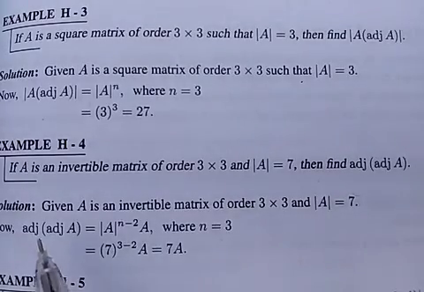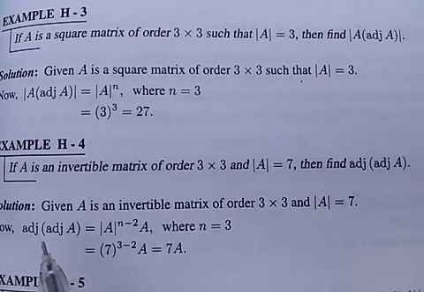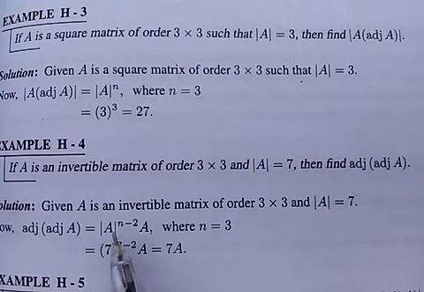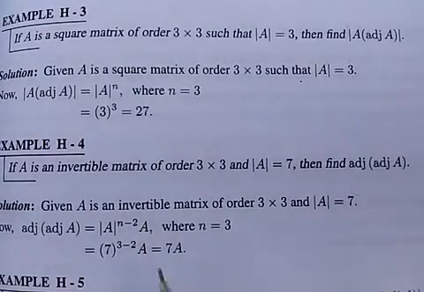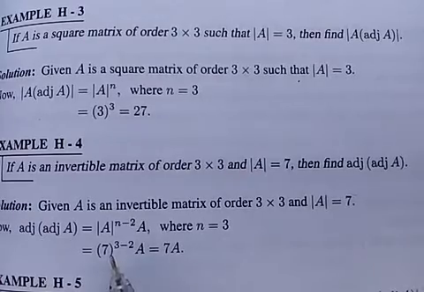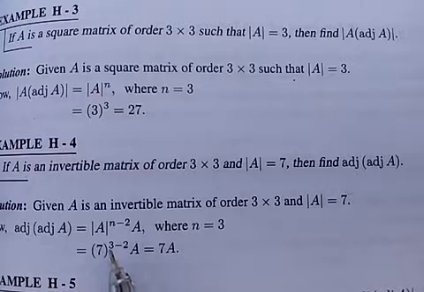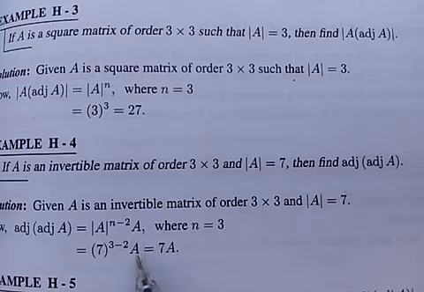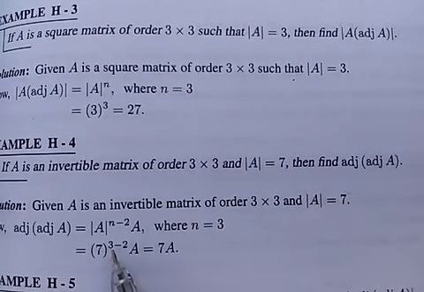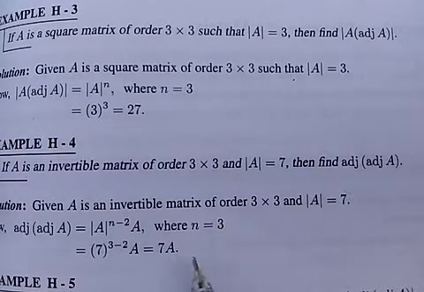We can apply here property of adjoint of A equal to determinant of A power n minus 2 into A. We have value of determinant of A equal to 7 and order is 3. Then we can write 7 power 3 minus 2 into A, A is multiplied according to the property. Then 7 power 3 minus 2 equal to 7 power 1 multiplied by A equal to 7A.